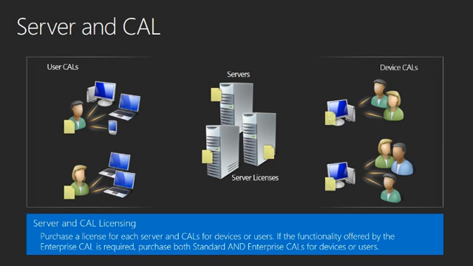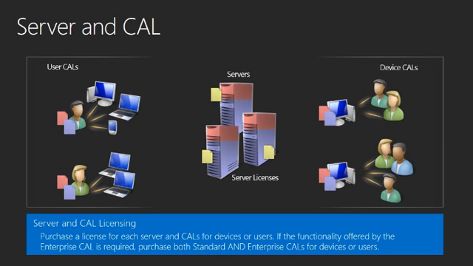But Exchange Server has got its own special twist on the server and CAL licensing model. In actual fact, if the users need to access just most of the functionality of the Exchange Server, depicted here by the blue shading, then they need what we call standard Exchange CALs. If they need all of the rest of the functionality, depicted by the red shading, then they need enterprise CALs in addition to those underlying standard CALs.